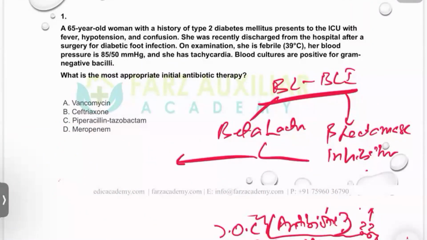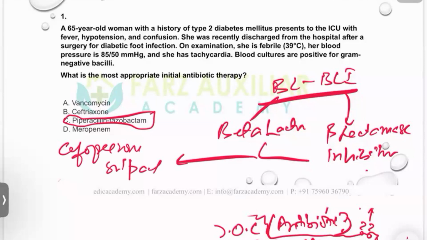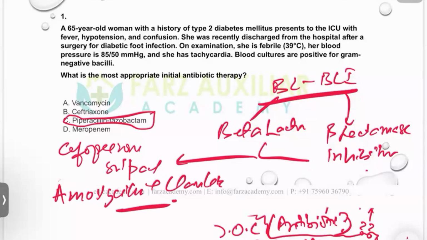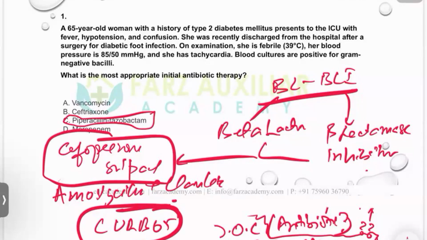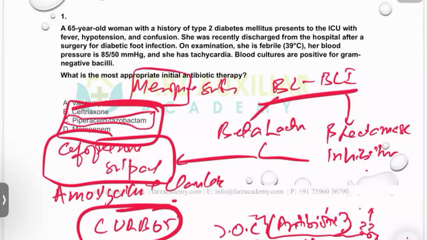So the drugs will be piperacillin tazobactam, cefoperazone sulbactam, even Augmentin, amoxicillin plus clavulanate. So these are all approved. But given that this patient has a high CURB-65, you will use higher drugs for management. Maybe you can use meropenem plus sulbactam nowadays, because meropenem is a beta-lactam, right? So you need a beta-lactam and a beta-lactamase inhibitor as well.